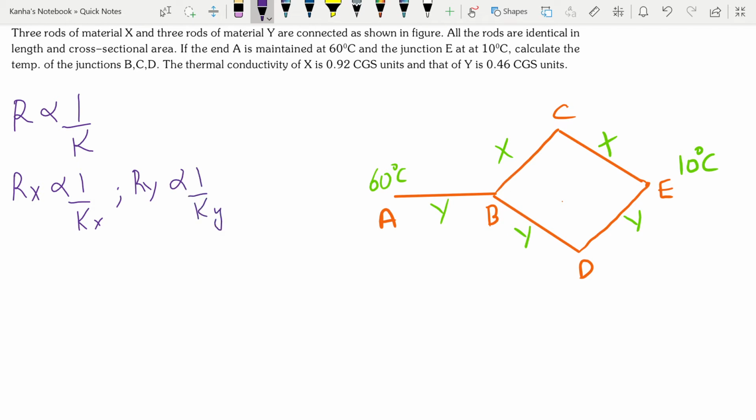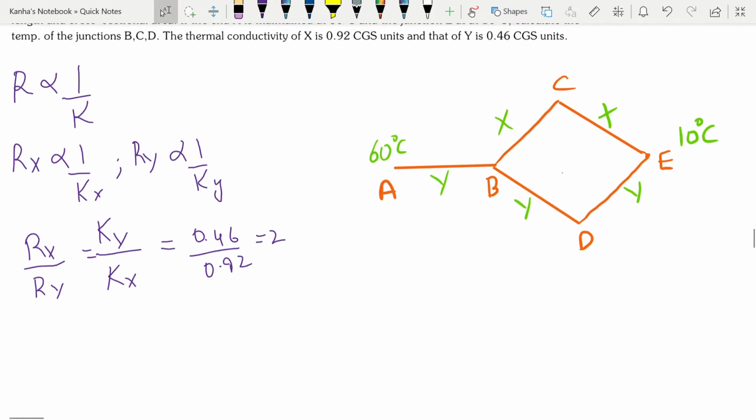Or I can write this as Rx by Ry is equal to Ky by Kx, which is equal to 0.46 divided by 0.92, nothing but 1 by 2. So I can write that Rx is equal to R and the resistance of Y is equal to 2R.